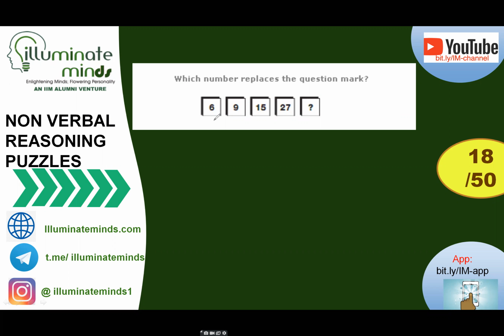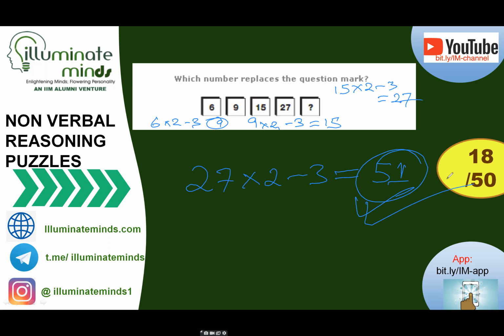This seems to be an easy one, isn't it? 6 into 2 minus 3 will give me 9. 9 into 2, 18 minus 3 will give me 15. 15 into 2, 30 minus 3 will give me 27. 27 into 2 minus 3 will give me 51, which is the answer to the question. So the correct answer is 51.